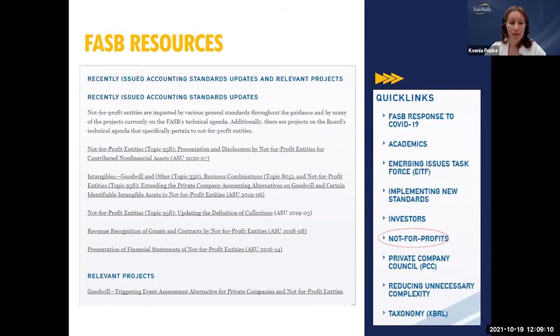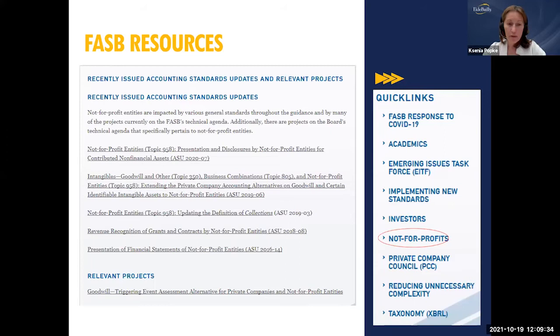The next standard here, intangibles, goodwill, and other business combinations and not-for-profit entities, extending the private company accounting alternative on goodwill. So a couple words on that. In 2014, FASB issued accounting standards update 2014-02, intangibles, goodwill, and other, and then 2014-18 for business combinations.